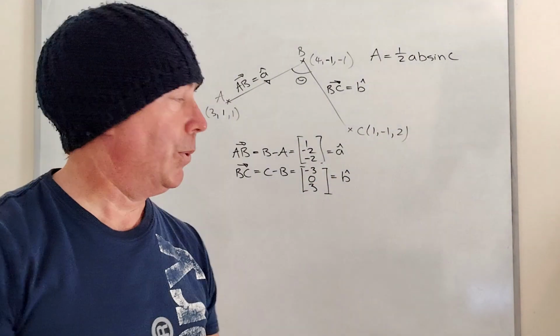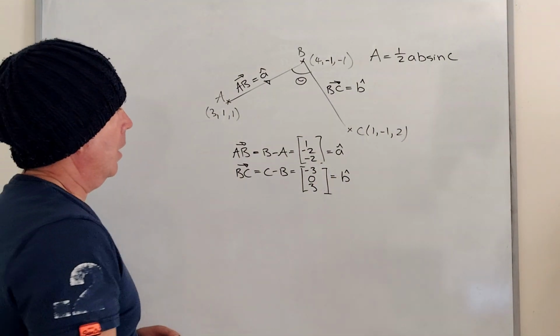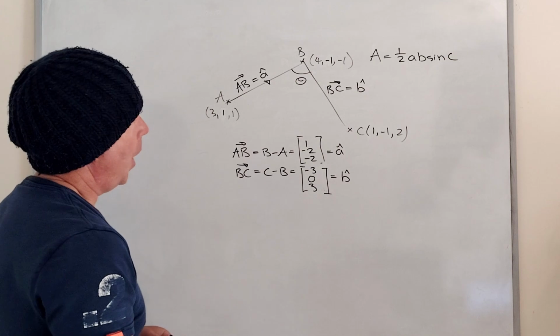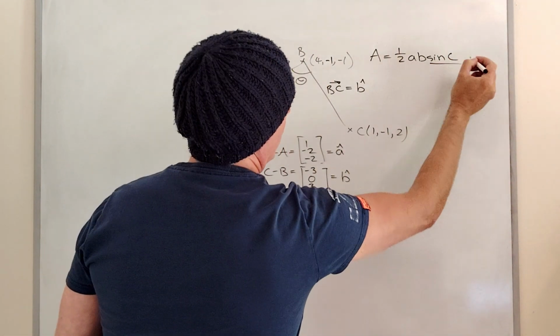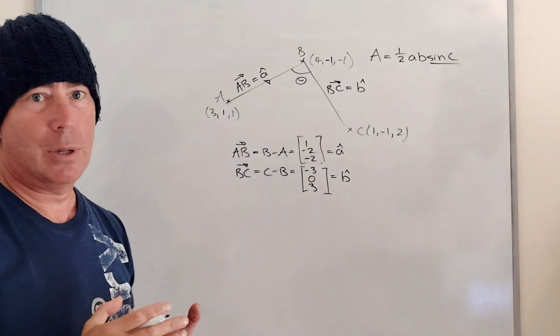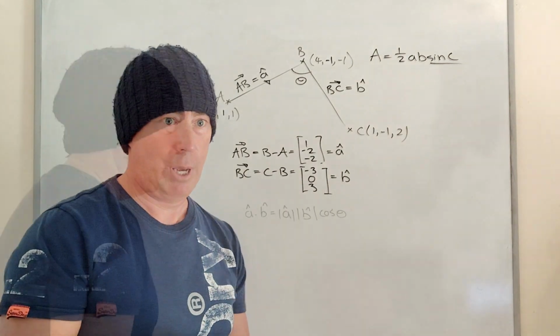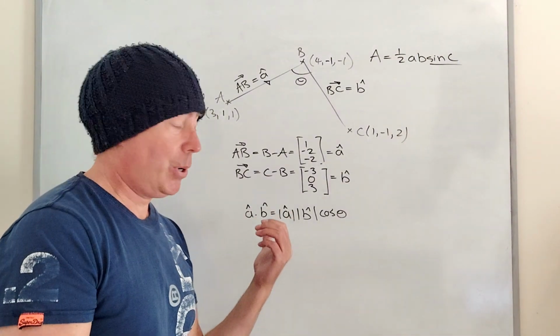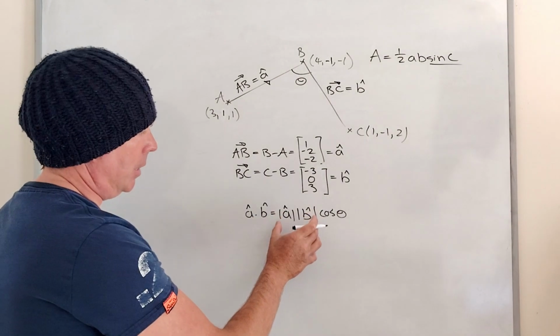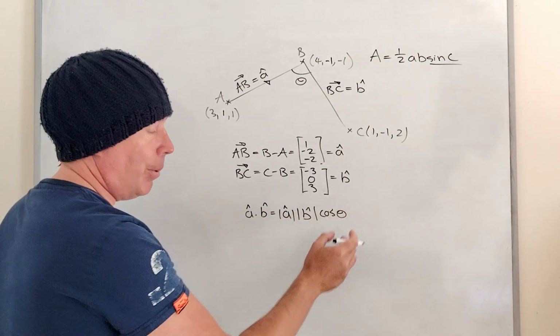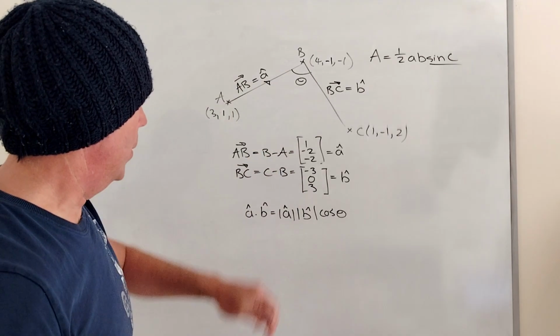So what are we going to do with these? Because we want to know the value of theta, or more specifically sine theta, I would be tempted to use the dot product. I've written down the dot product or scalar product relationship: a dot b is equal to mod a mod b multiplied by cos theta, the angle theta we're looking for.